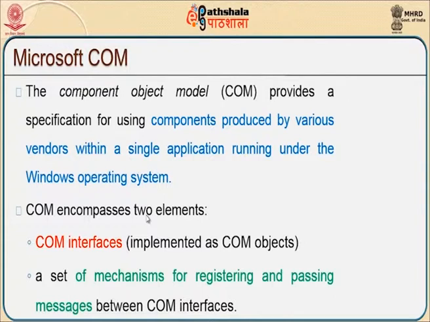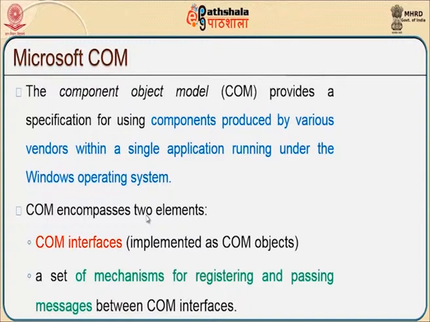With the other platform, Microsoft .NET, a component object model has been developed which provides a specification for using components produced by various vendors within a single application running under different Microsoft Windows operating systems.